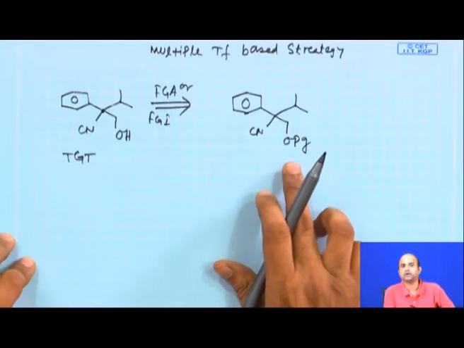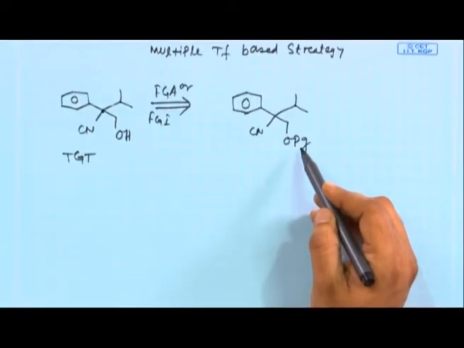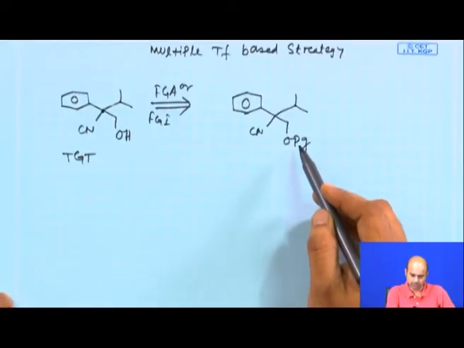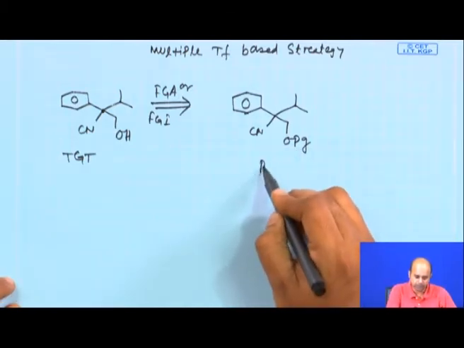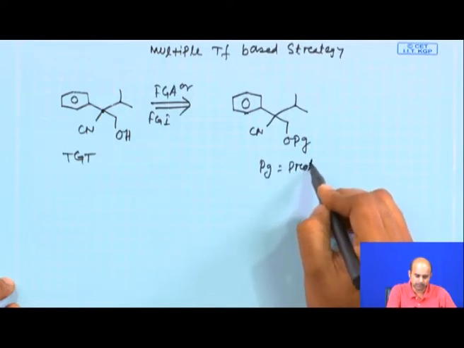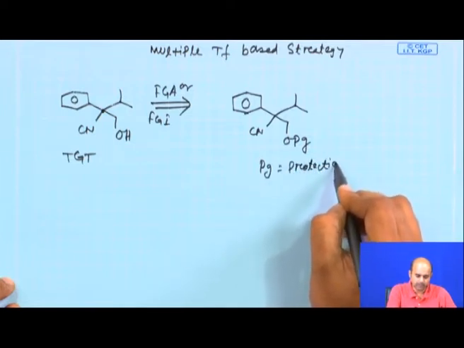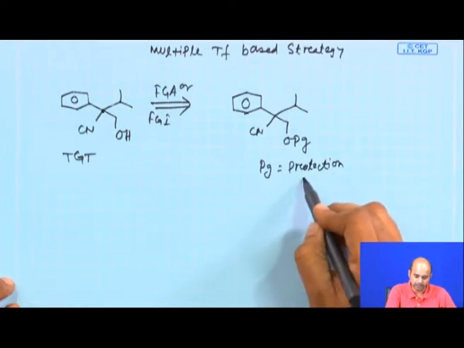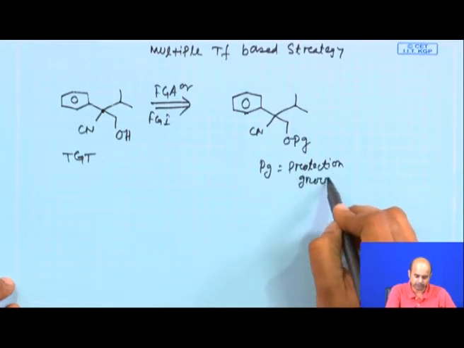An alcohol is not a good functional group to keep free, because the acidic hydrogen plays an important role. So, a free alcohol is not recommended; you can protect it with a suitable protecting group. PG stands for protecting group. We will talk about many protecting groups later when we discuss functional group based strategies in detail, fine.